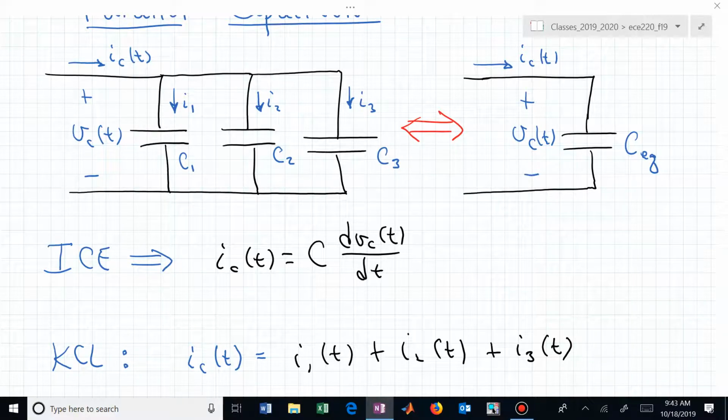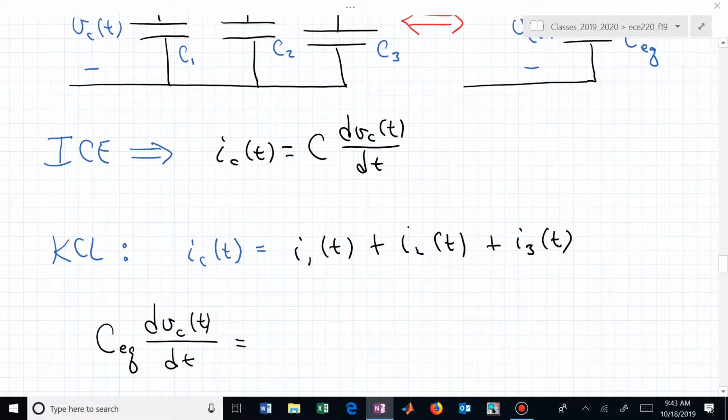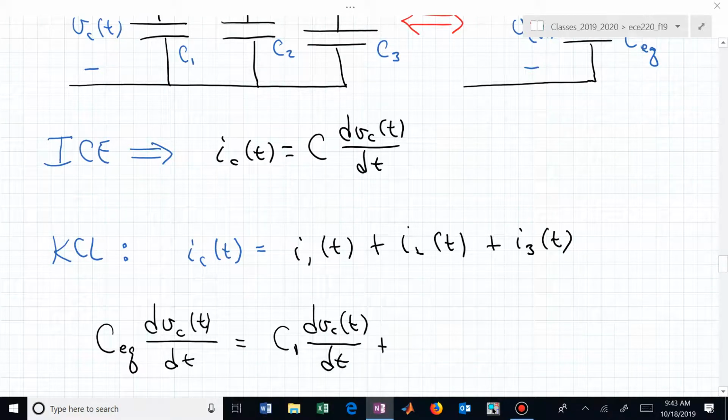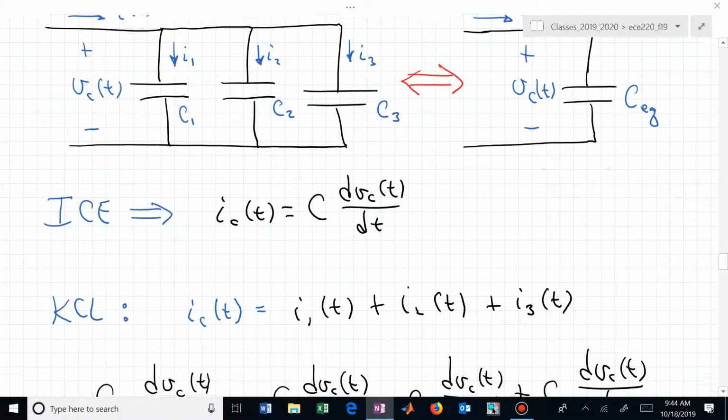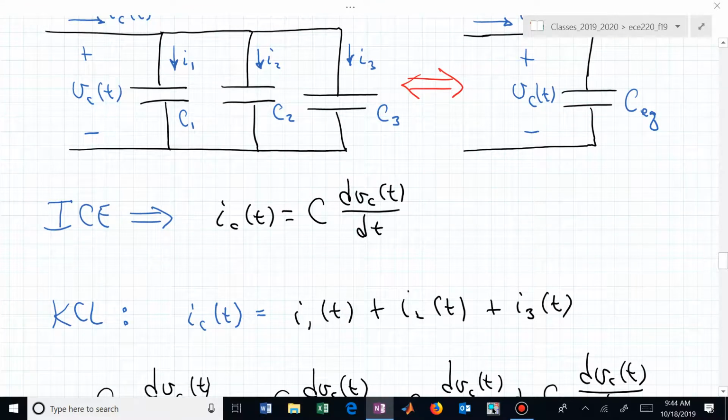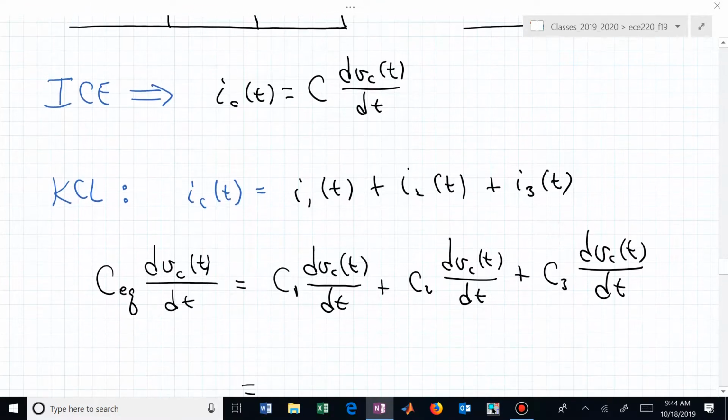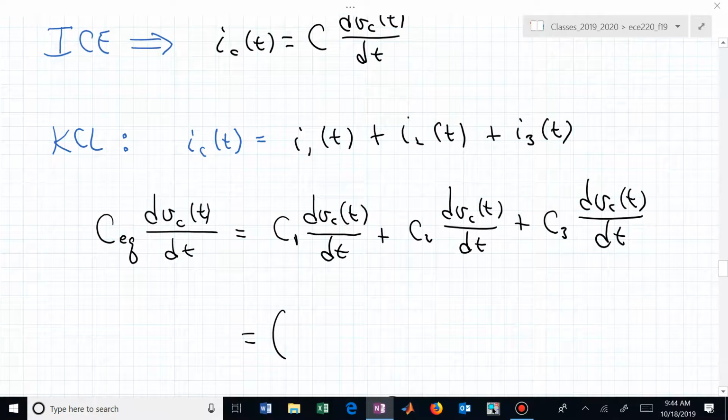And we know ICE can be applied in all of those terms. Now we have C1 dVc dt plus C sub 2 dVc dt plus C sub 3. And the voltage, those are all in parallel. They all see the same voltage, which now allows us to factor that out.